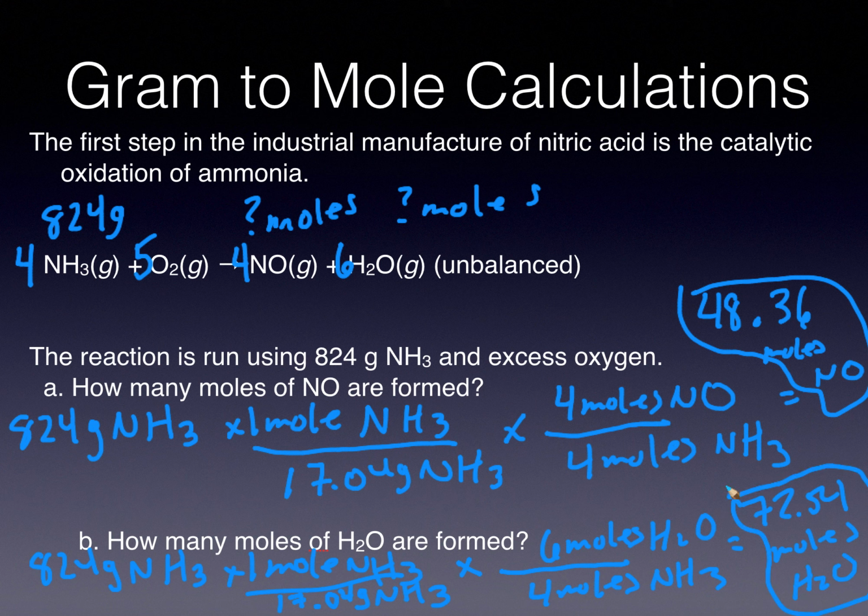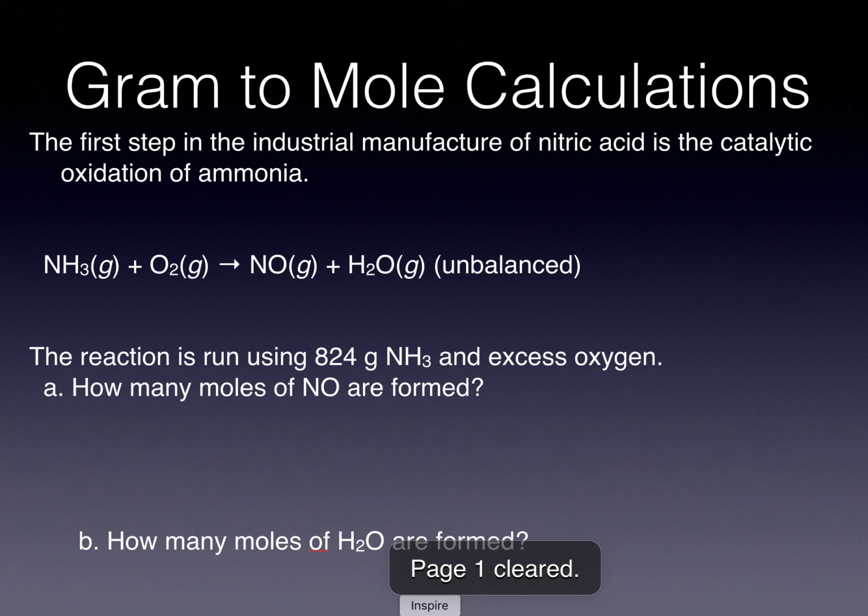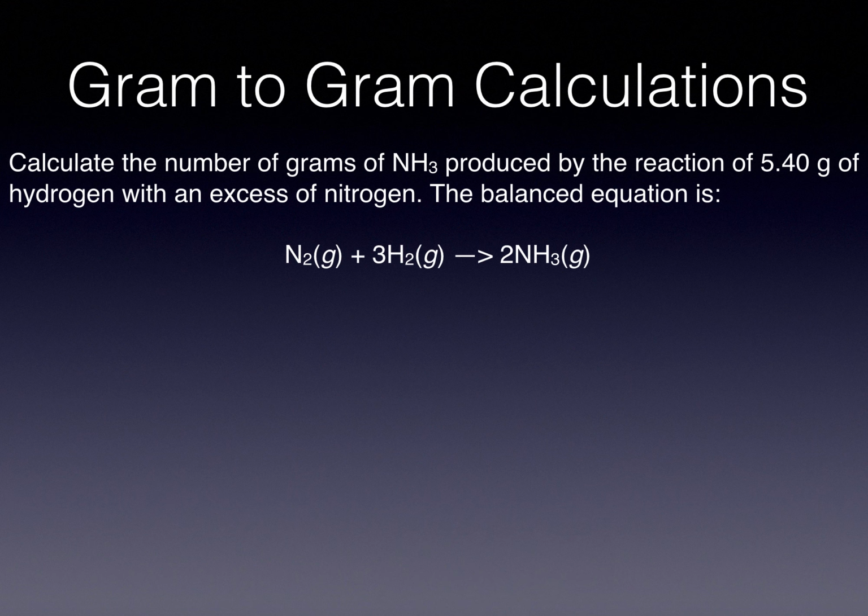So we got mole to mole, gram to mole, mole to gram. In the last part of this video, we're going to talk about gram to gram. So it says, calculate the number of grams of NH3 produced by the reaction of 5.40 grams of hydrogen, H2, with an excess of nitrogen.